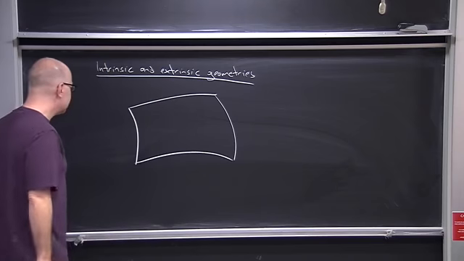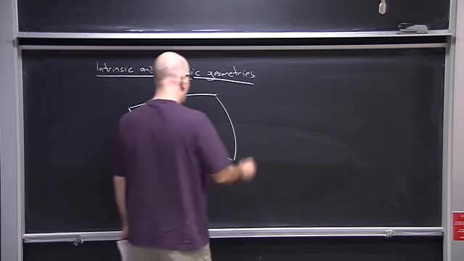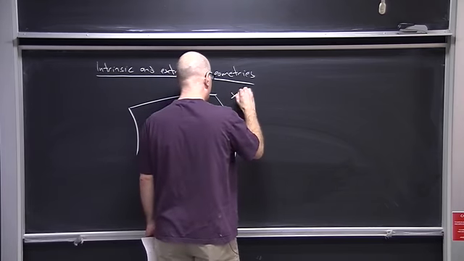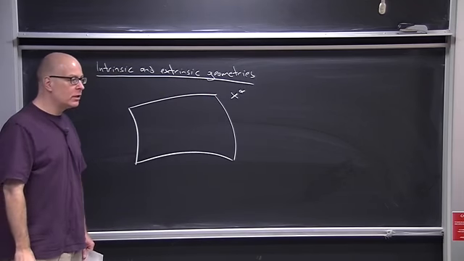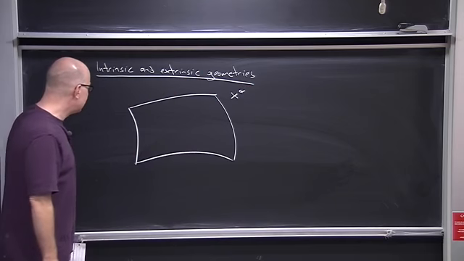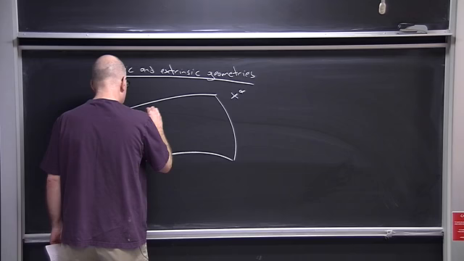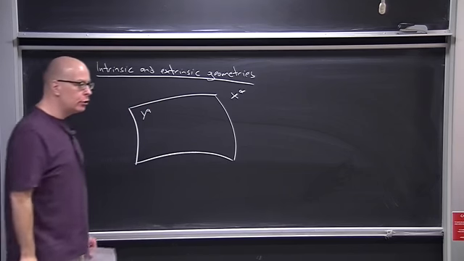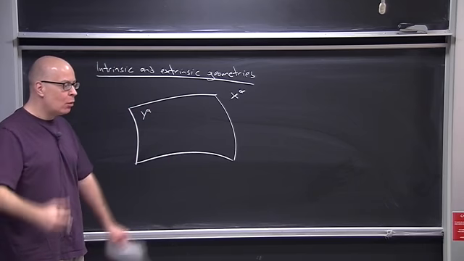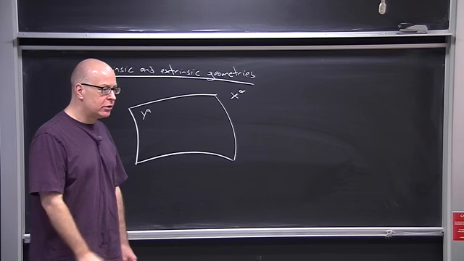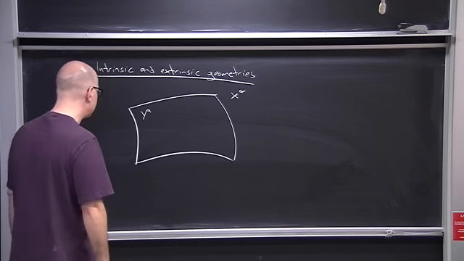So we have a hypersurface in space-time. In the space-time end of things, we have whatever coordinate system we're using in space-time. And on the hypersurface, we have whatever coordinate system we choose to use on the hypersurface. So the hypersurface has its own coordinate system, which may or may not be simply related to the spacetime coordinate system.